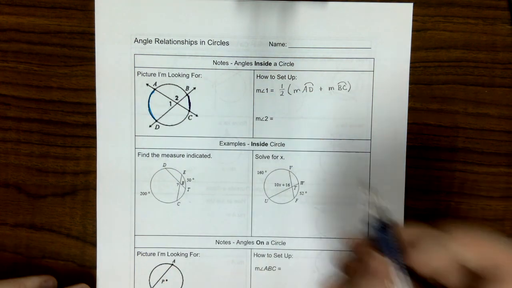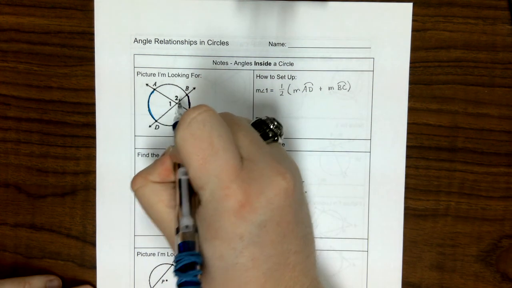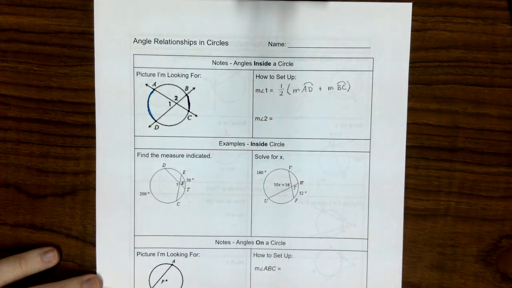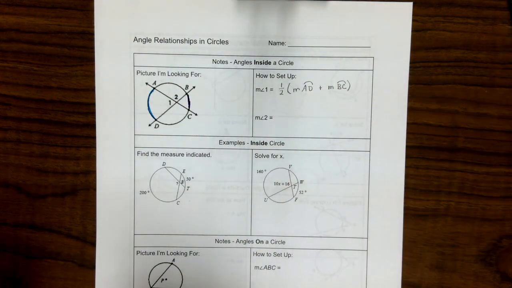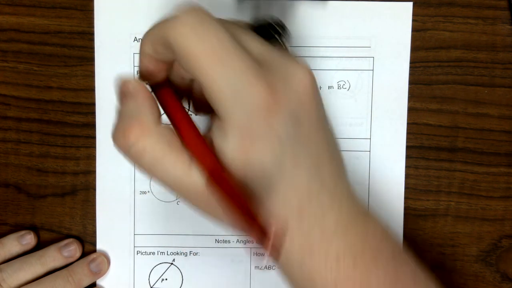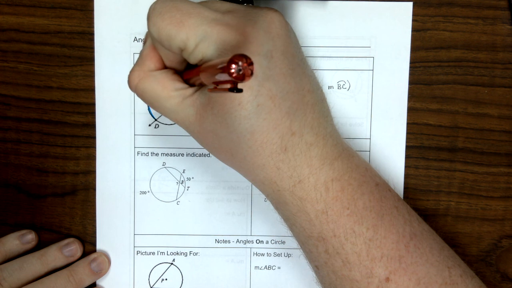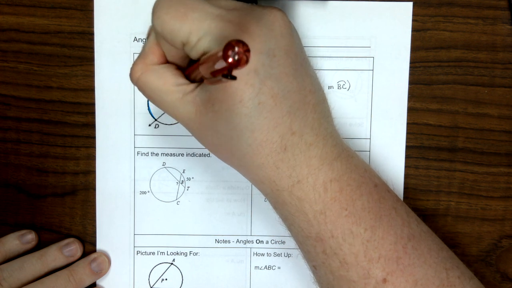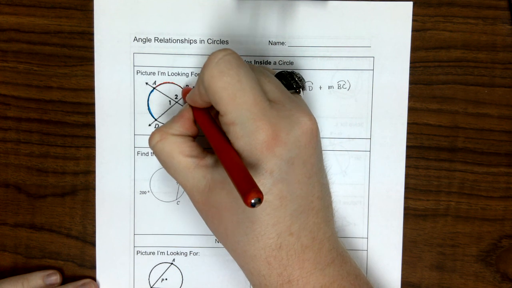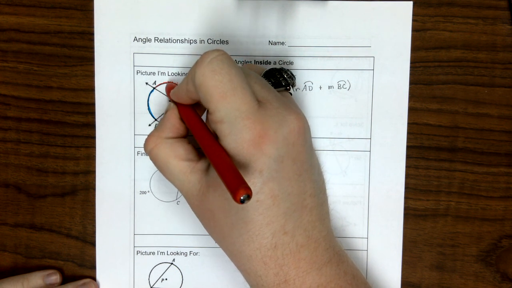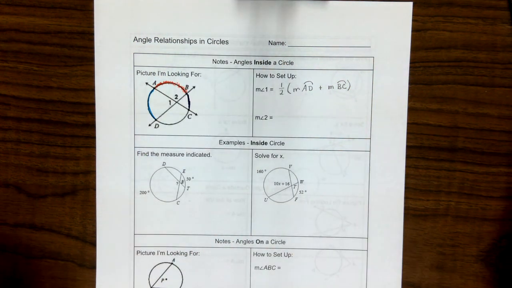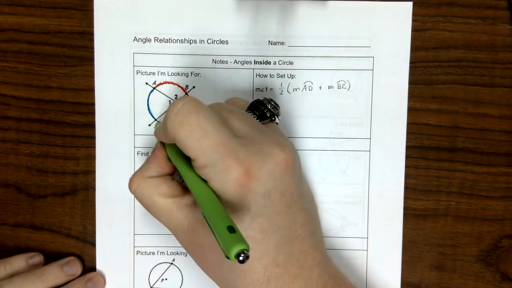It's similar with angle 2. So for angle 2, instead of going this way, we would go up and down. Angle 2 is going to use this one up here that I'm doing in red, and then it'll go with this one in green.